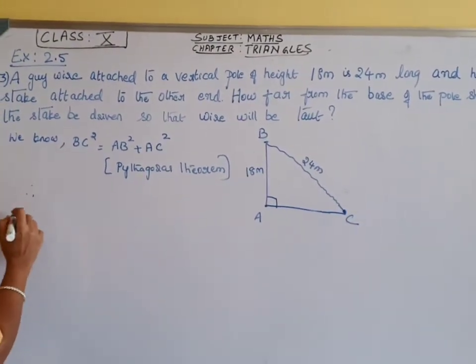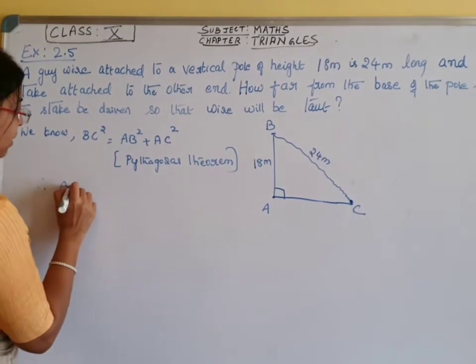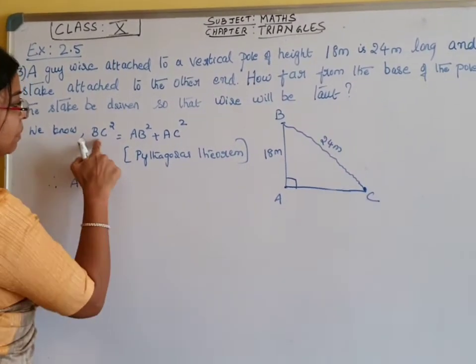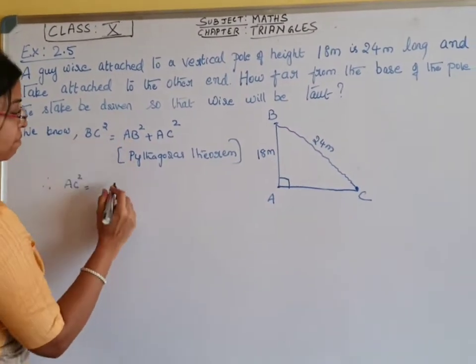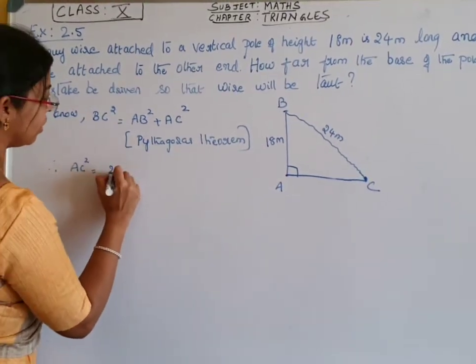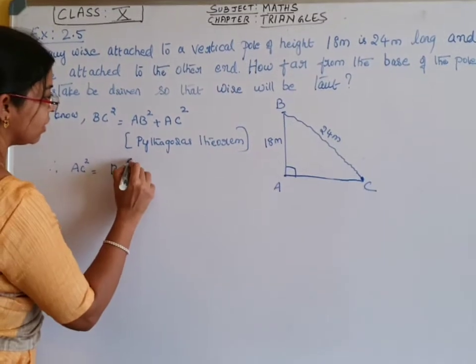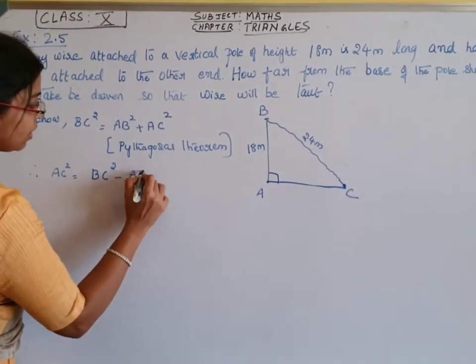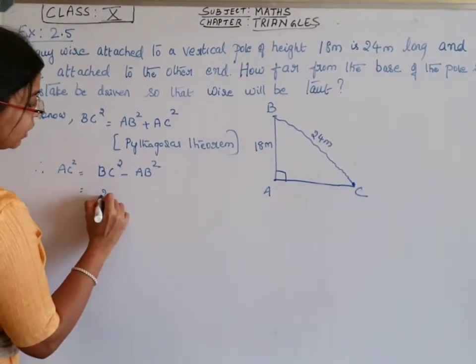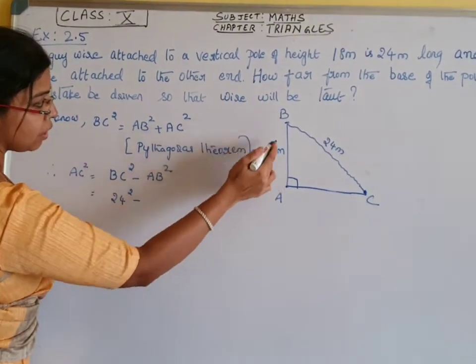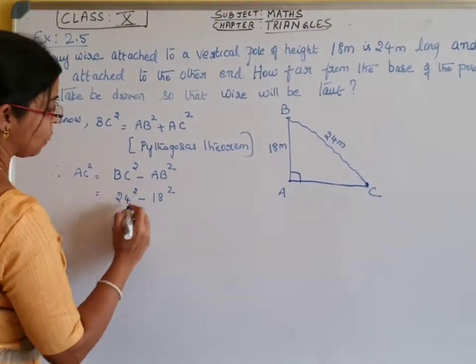Therefore, AC square will be BC square minus AB square. BC is 24. So AC square is 24 square minus 18 square.